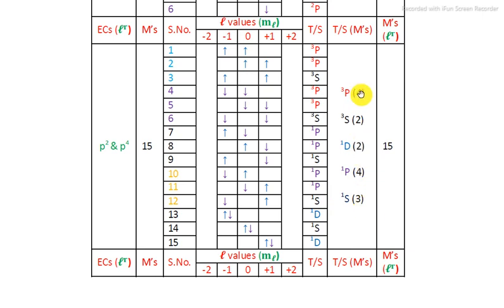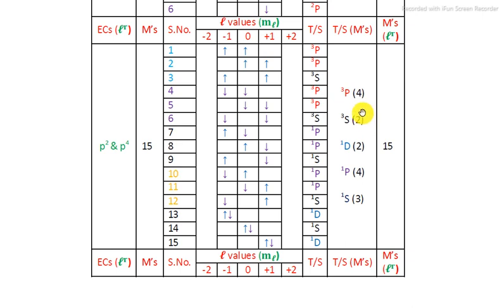Out of these microstates, 3P term is the ground energy term or ground energy state with 4 microstates. Other terms or states are higher energy terms or states, that is determined by the Hund's rule. We will see in the next class.